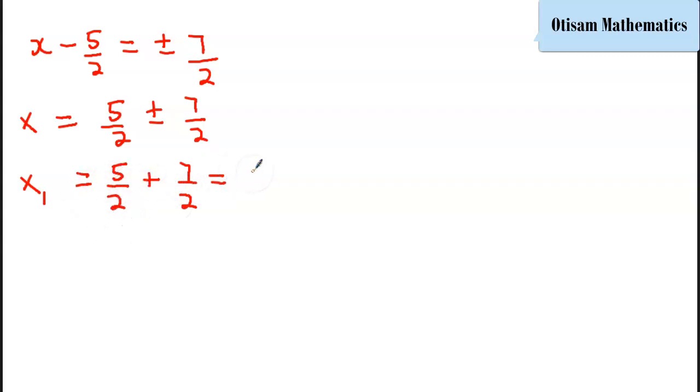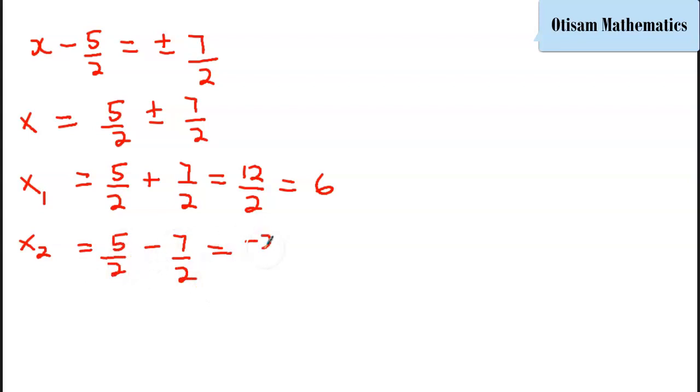So 5 plus 7 is 12 on 2, which is giving us 6. So the second value of x will be 5 on 2, we take the other sign, minus 7 on 2. And because the denominators are the same, here we have minus 2 on 2, which is minus 1. So therefore, x is equal to minus 1 and then 6.